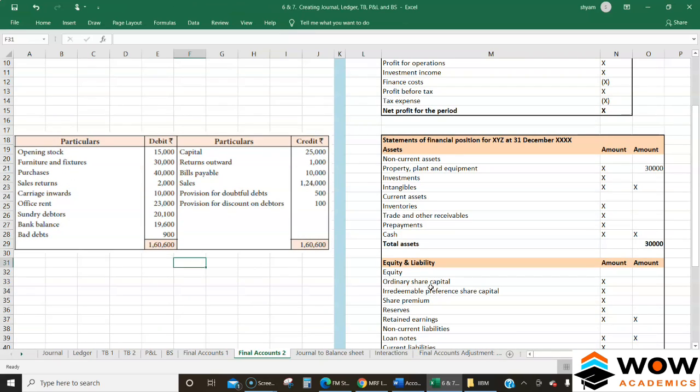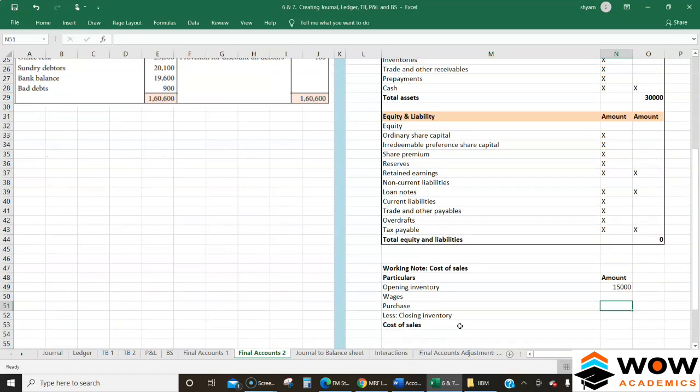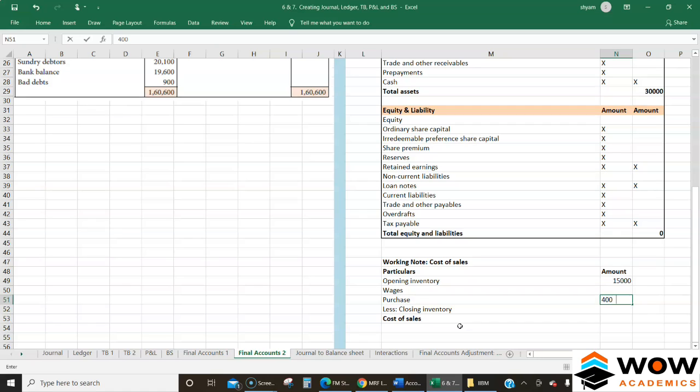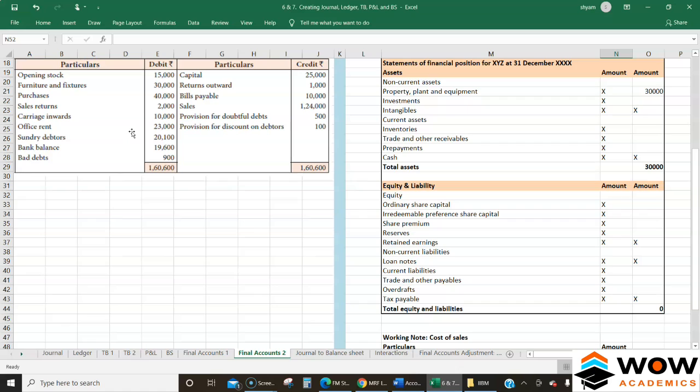So we were with purchases. Purchase was 40,000. Next is sales returns.